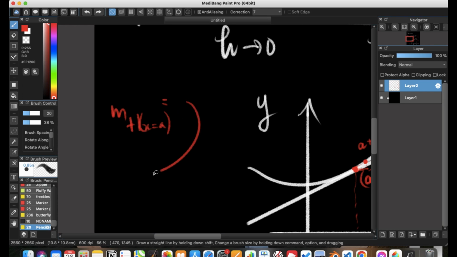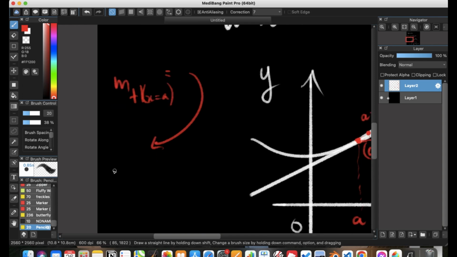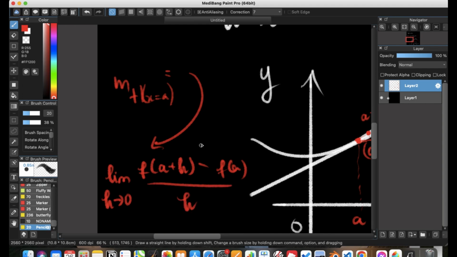I'm going to write down here for more space. The limit when h approaches 0 of f(a + h) minus f(a) over h, right?